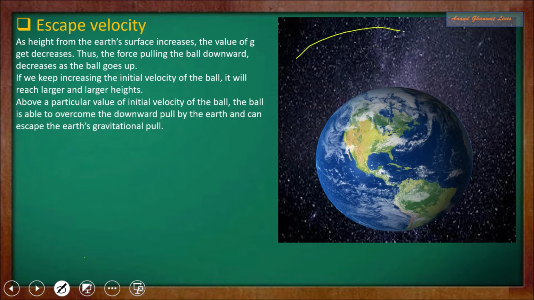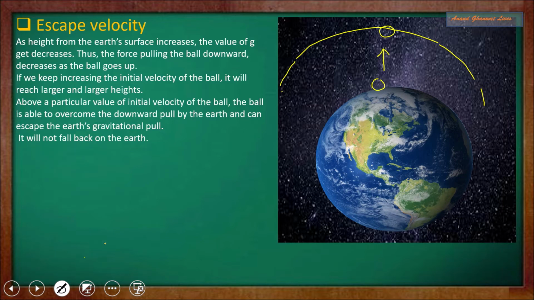This is the downward pull present around the Earth, and we are applying greater and greater initial velocity. So at a particular value of initial velocity, what happens? The ball will overcome the gravitational downward pull of the Earth and escape from the Earth's gravitational pull, and that particular velocity is called escape velocity.